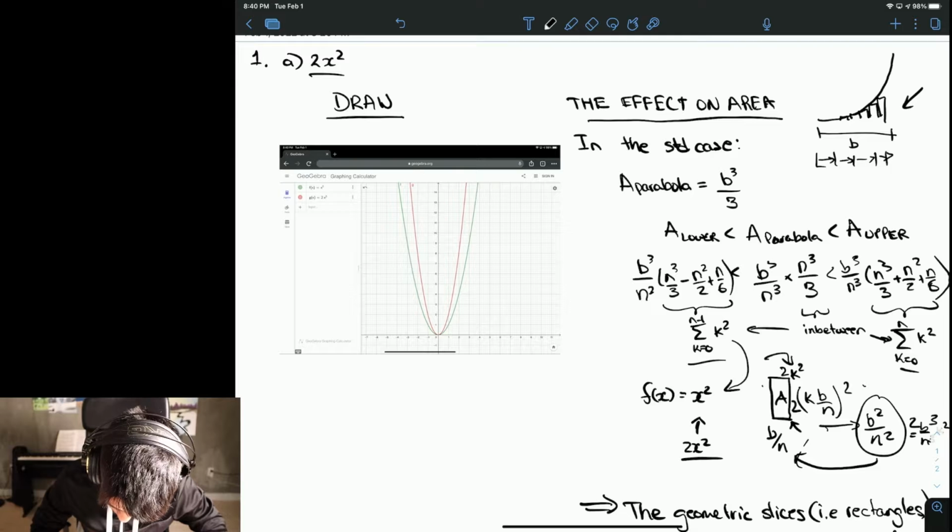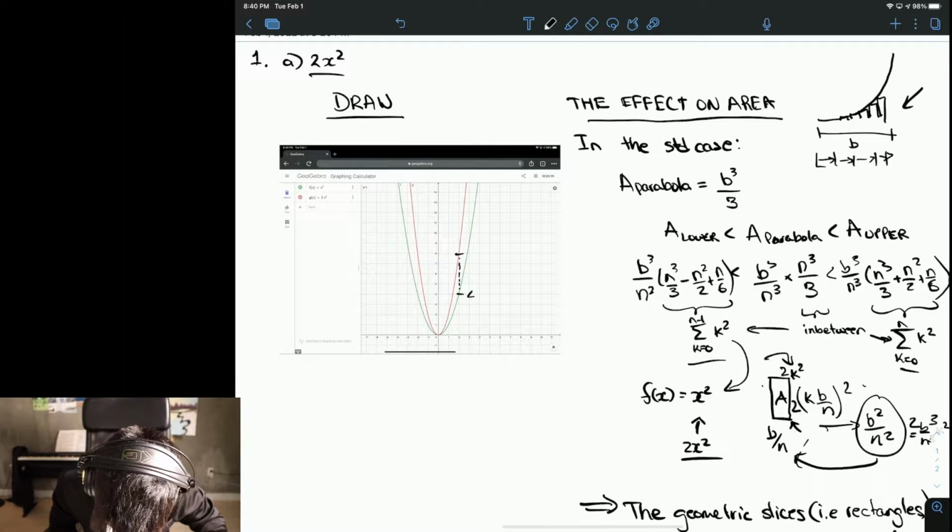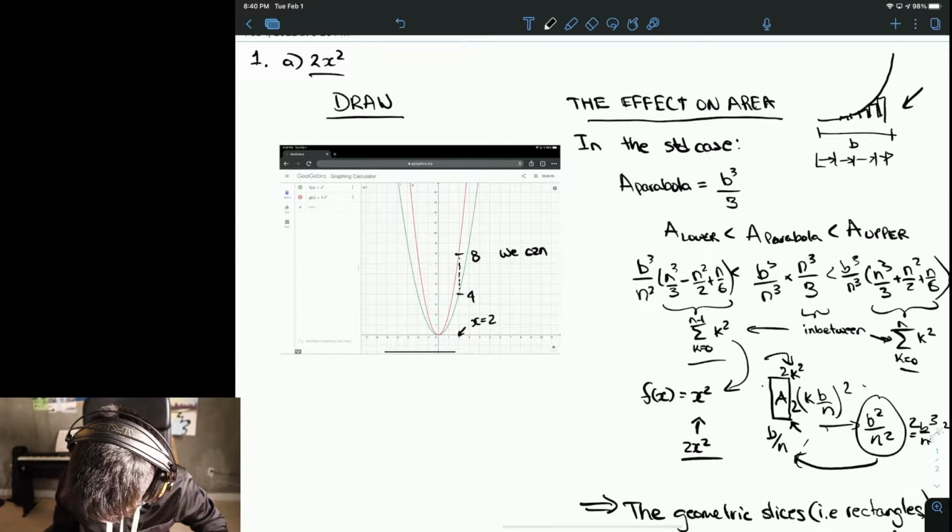And if I were to draw a line right here and here, where this is 4 and this is 8 and this is x equals 2, we can see the height is doubled.